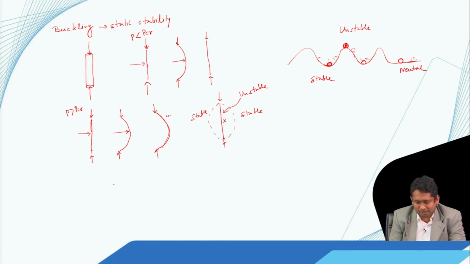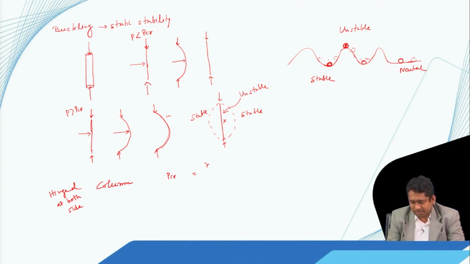So for this problem, a column hinged at both sides, the P critical value is n squared pi squared EI by L squared.